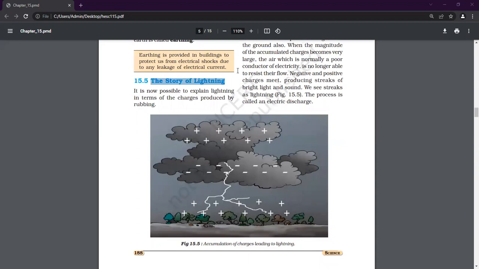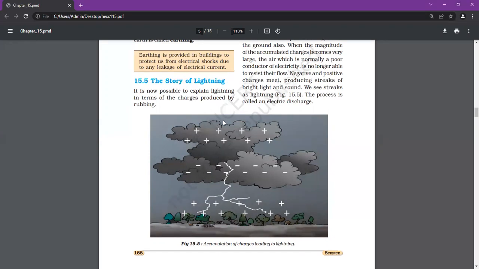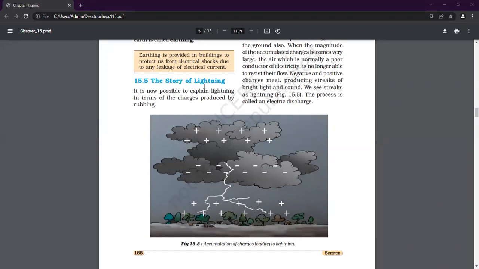So all of you can see that the clouds which are present at the top have the positive charge, and the clouds which are present below have the negative charge. And since both the charges are opposite to each other, when the two oppositely charged come near to each other, the phenomenon of discharging takes place. आपने भी कई बार discharging वाला process observe किया होगा ना?